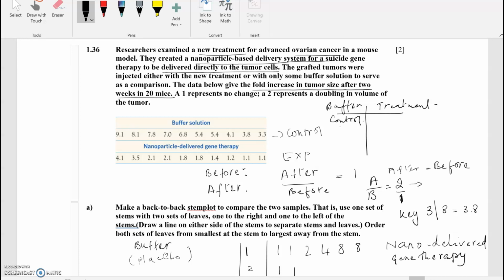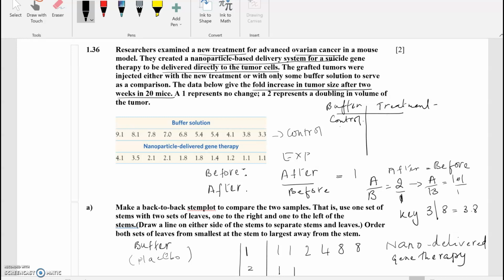So it's double the size. And if after divided by before is a 1.1, for example, 1.1 is pretty close to a 1, which means that the tumor grew just a tiny bit. It's almost the same as the size before the treatment.